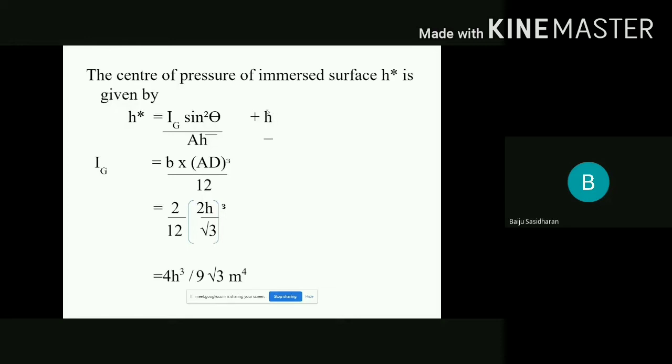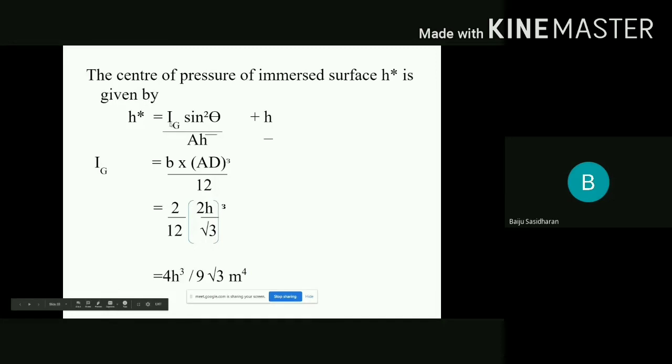Ig, you studied, since it's a plate, is BD cubed by 12. D is the wetted length. That is why it is A D cubed by 12. So Ig is equal to BD cubed by 12. So for that you will get an expression, and that value you have to substitute here.